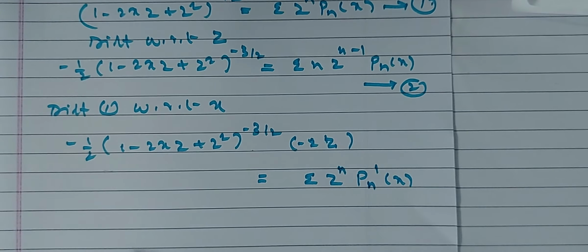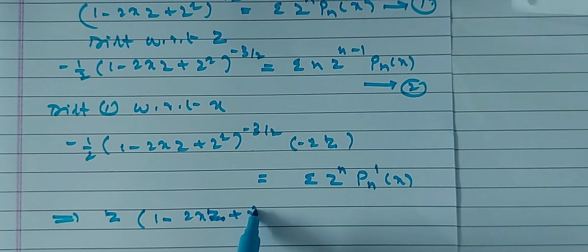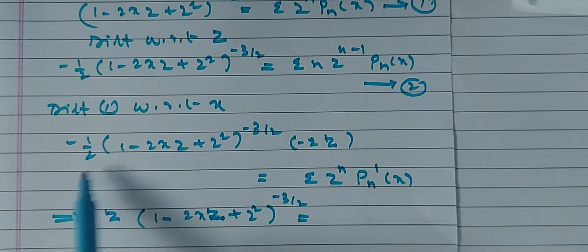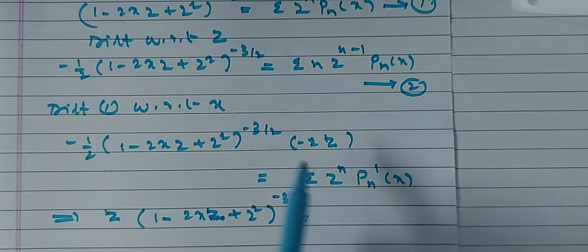This implies z into (1 minus 2xz plus z square) whole to the power of minus 3 by 2 is equal to, multiply with z on both sides, and minus 2 plus 2 will be cancelled, so that only z is on the left side.